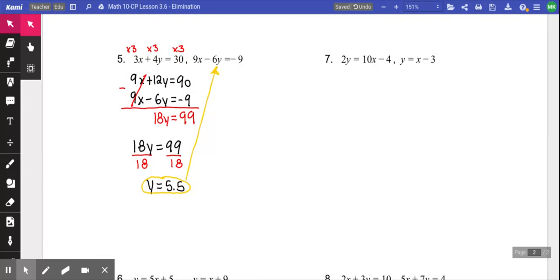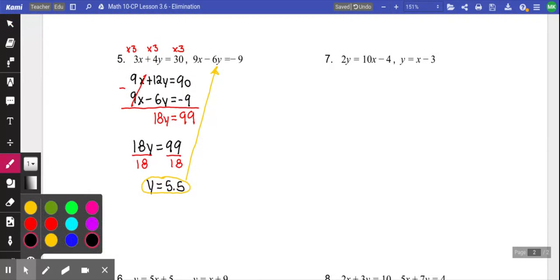So I now have 9x minus 6 times 5.5 equals -9, like that.